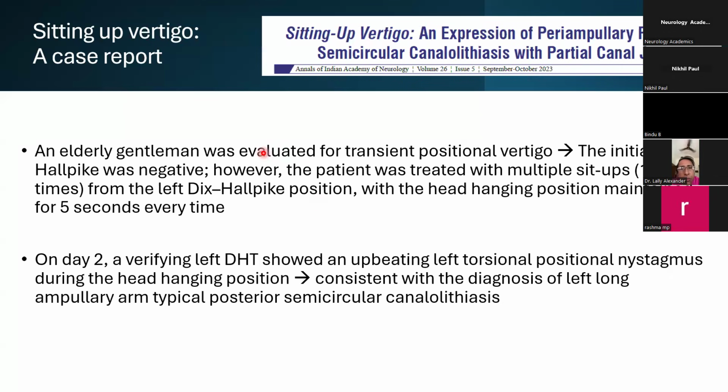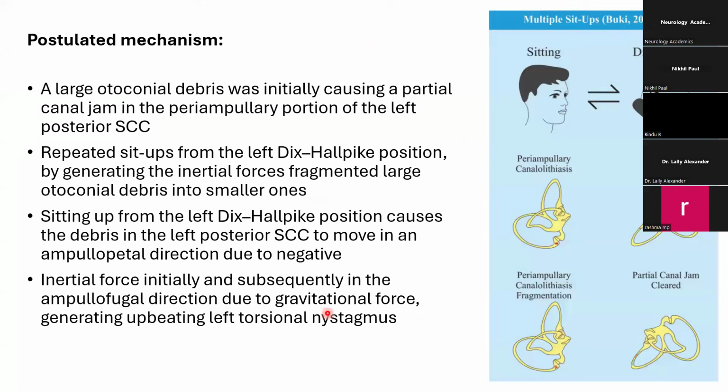was evaluated for vertigo. The initial Dix-Hallpike was negative, but the patient was asked to do multiple sit-ups. And on the next day, after repeating the Dix-Hallpike test, they showed an upbeating left torsional nystagmus, which was very consistent with the diagnosis of a posterior canal BPPV. So there's a postulated mechanism for this.